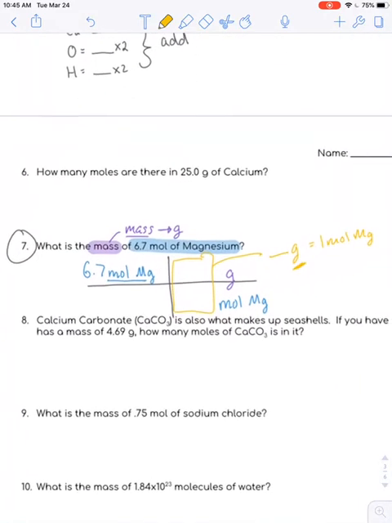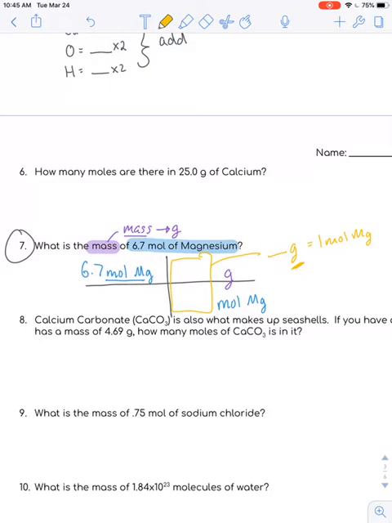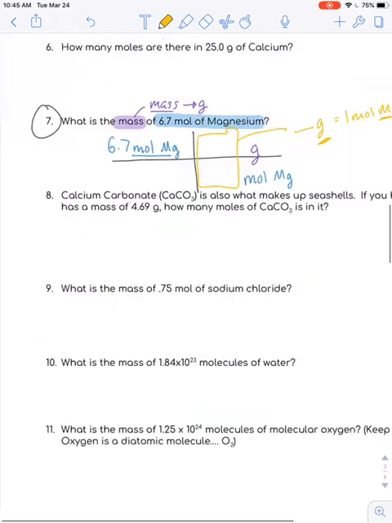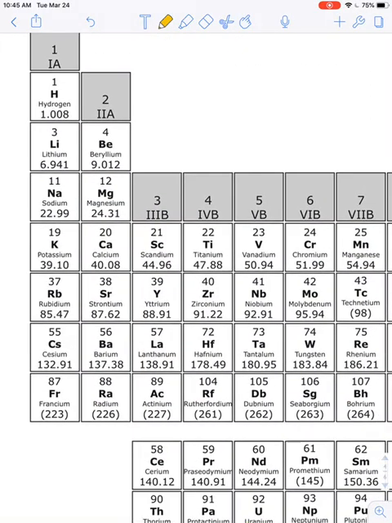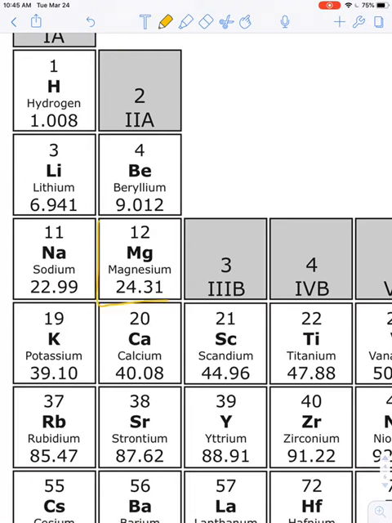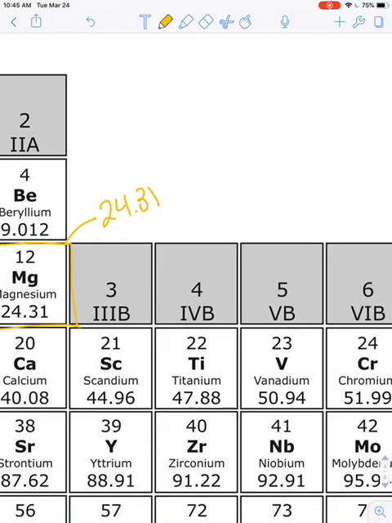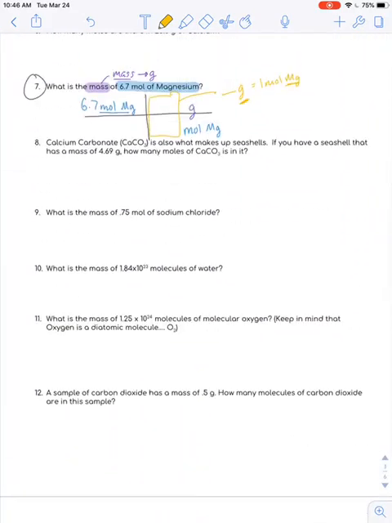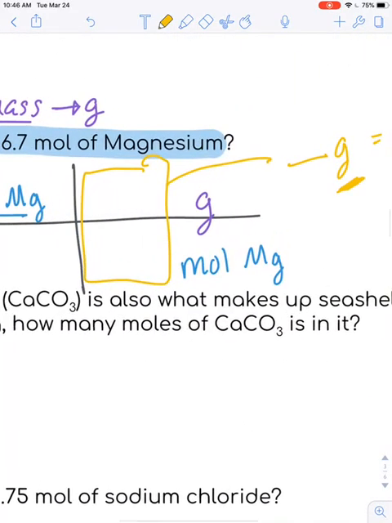So since we are looking at moles of magnesium, we're going to have to look for magnesium on the periodic table. There it is right there. So magnesium has a molar mass of 24.31. So that means that there are 24.31 grams in 1 mole of magnesium. So that's our conversion factor we're going to need to use. So we just need to match up those units where they belong.